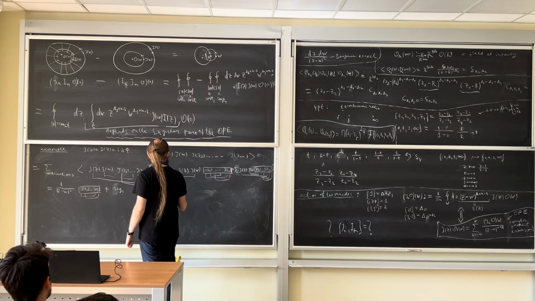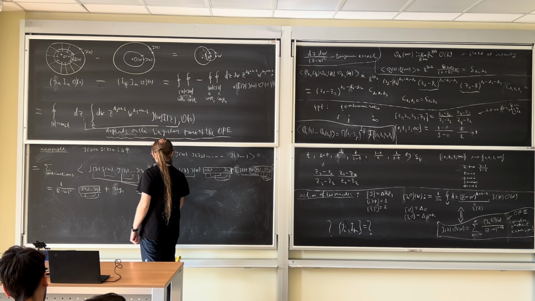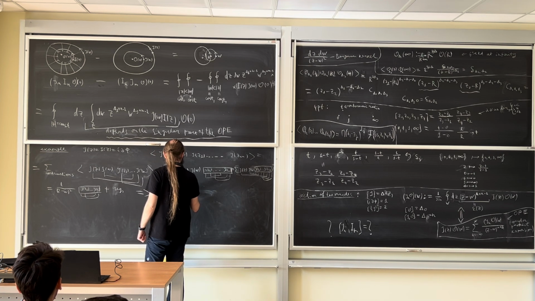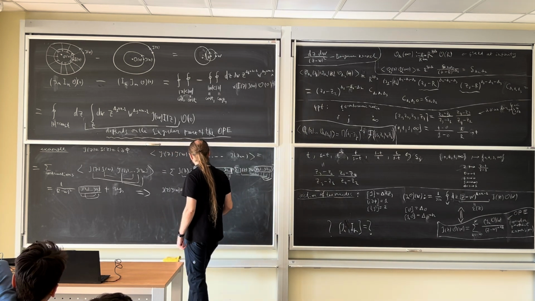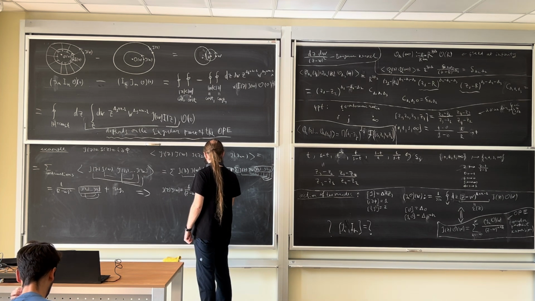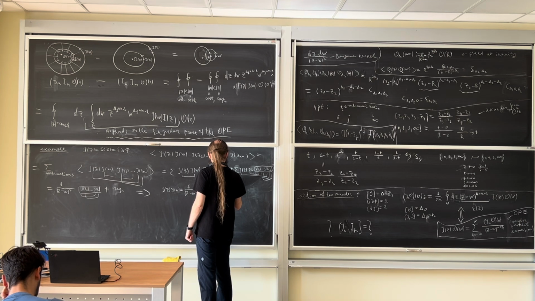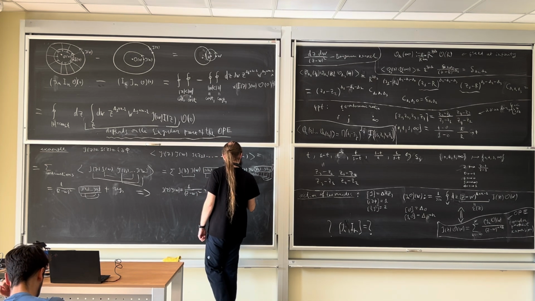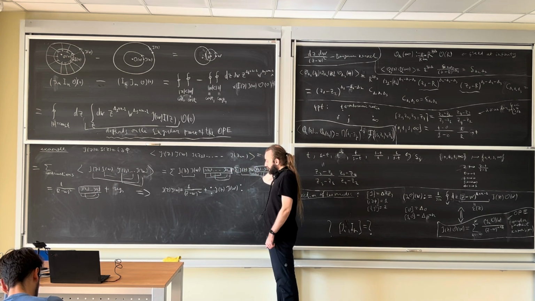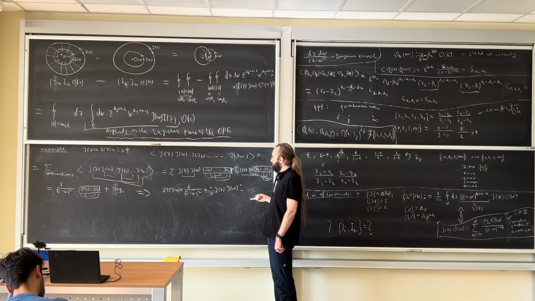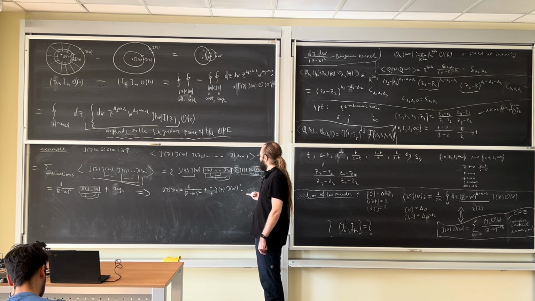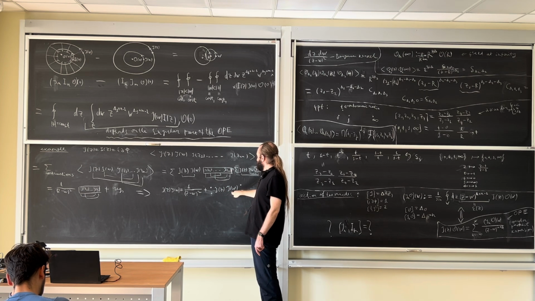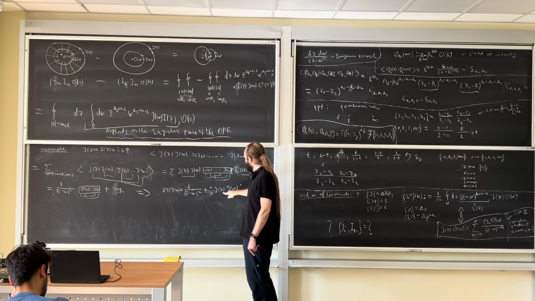So the OPE of J of z, J of w is 1 over z minus w squared plus this object, which can be either defined by this formula, or we can give it this technical definition that when we insert it under the correlator, we should not consider contractions between J of z and J of w.